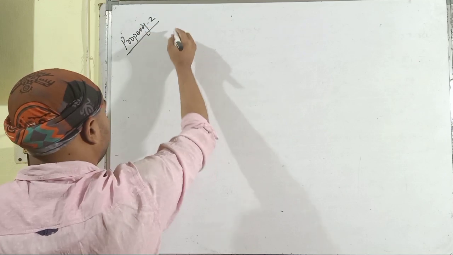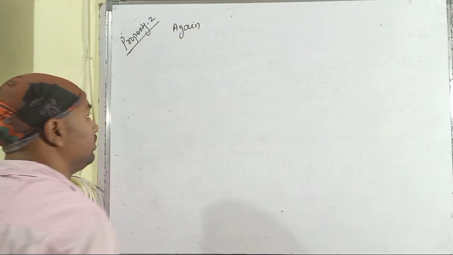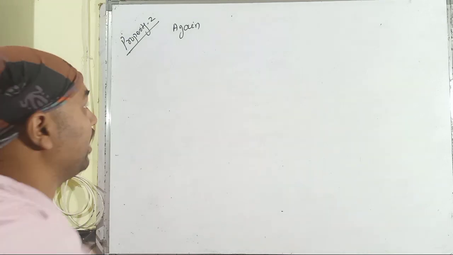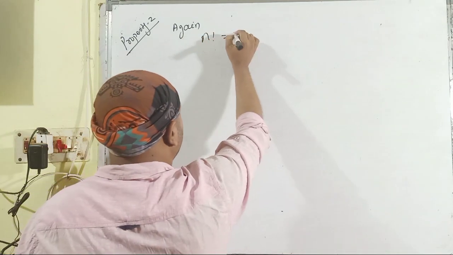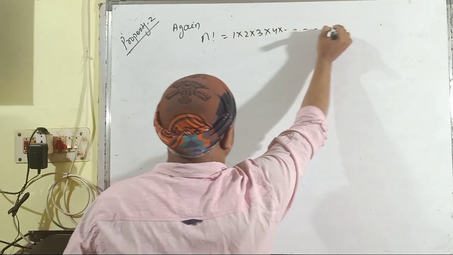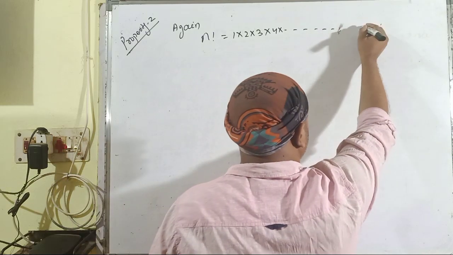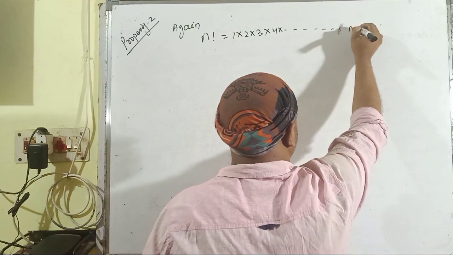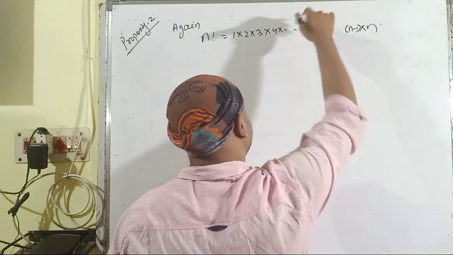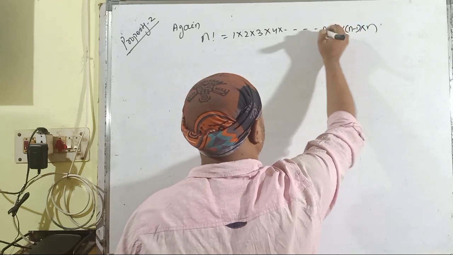Property 2. Again, considering that general formula of factorial, that means n factorial is equal to 1 multiplied with 2 multiplied with 3 multiplied with 4 up to n. The previous term of n is n minus 1. Again, the previous term of n minus 1 is n minus 2.